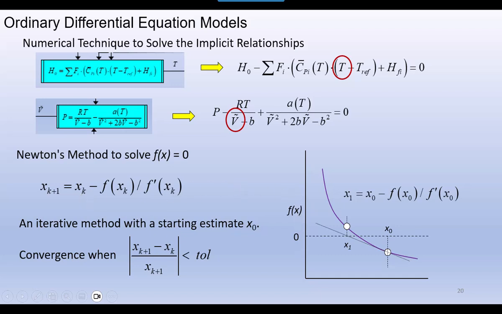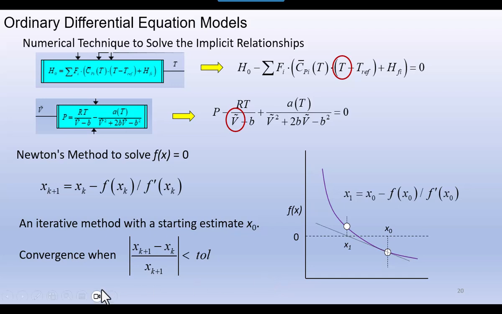The picture of this is shown on the right, where we have an unknown function and we're interested in determining where that function crosses 0. So we start with an initial estimate, and using the slope here, or the derivative at this point, we project this to the 0 line, and that gives us our next estimate, in which case we'd come up here and get the new derivative and project that to the 0 line, and very quickly we would converge upon the solution.